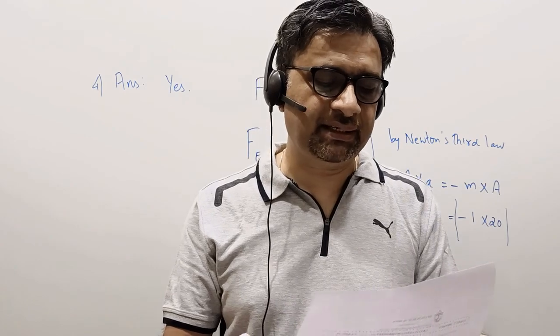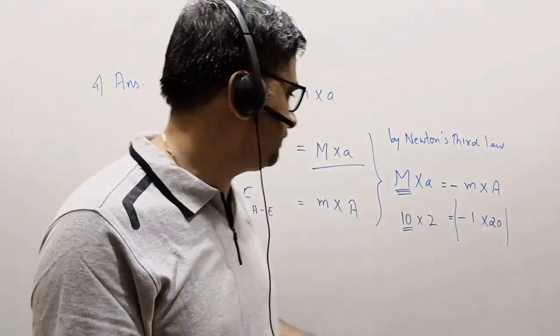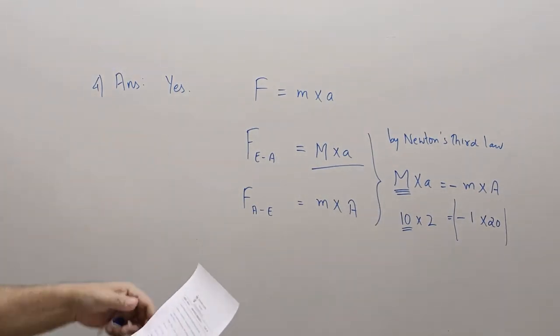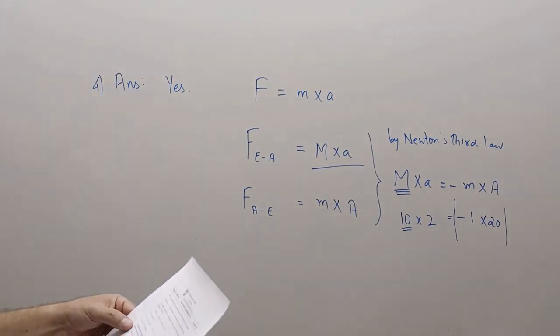So question number 4, let me now give you the answer. The earth attracts an apple. Does the apple also attract the earth? The answer is yes. If it does, why does the earth not move towards the apple?